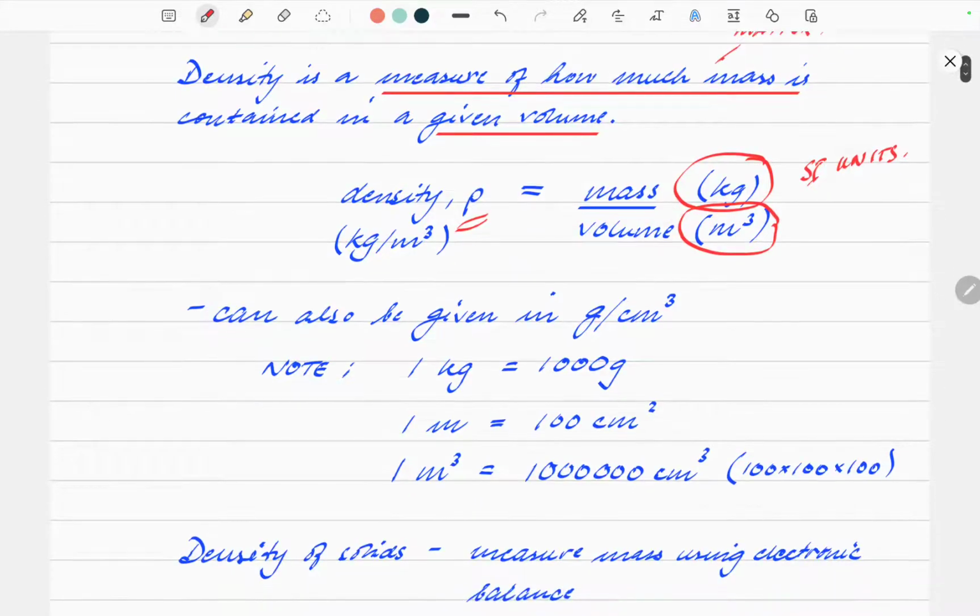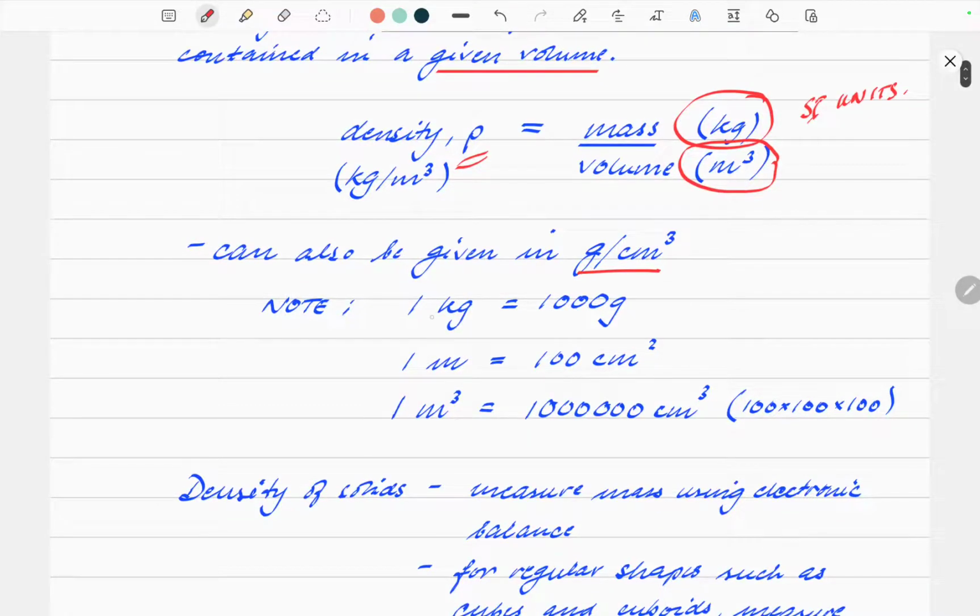Watch out, some of the questions can come up in different forms. The units can be changed, for example, grams per cubic centimeter. The way to convert, and I know this is basic, but it's worth putting in: 1 kilogram is 1,000 grams. 1 meter is 100 centimeters.